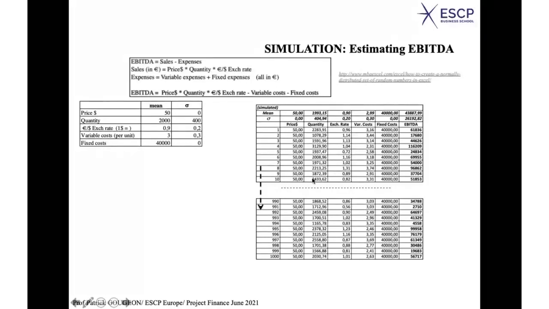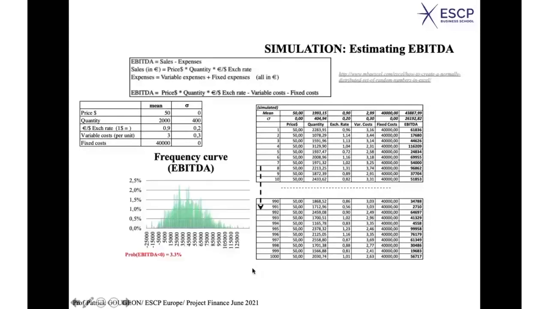After that, for each line, I can calculate the sales. And the sales, indeed, are also distributed following a certain distribution, which is the combination of all the probability distributions of these parameters. You obtain a distribution of sales like this, where you have a probability.